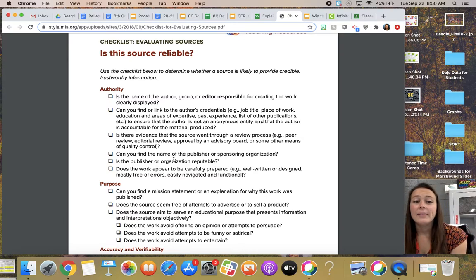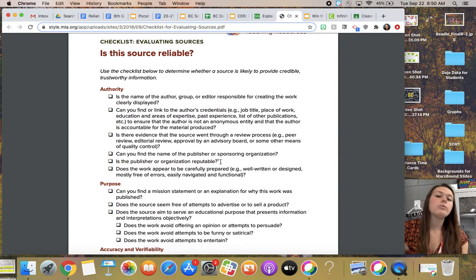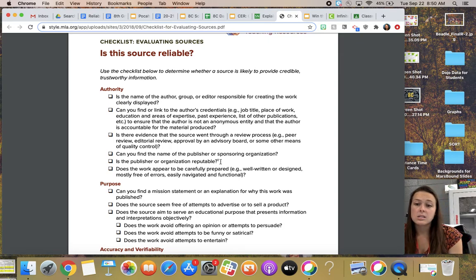Okay. Is the publisher or organization reputable? Have they been around for a while? Do they frequently post good, reliable information? Or do they frequently post incorrect information? I think of magazines like the Inquirer, where they would frequently have things like "UFO abducted family of 17 now back on Earth," or "Bigfoot bought a Starbucks coffee in California this week."